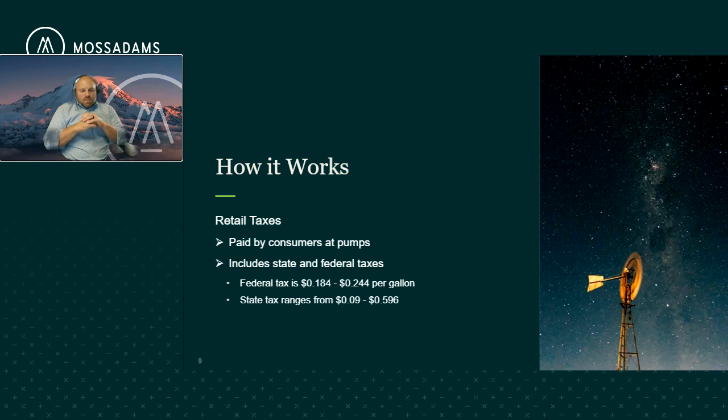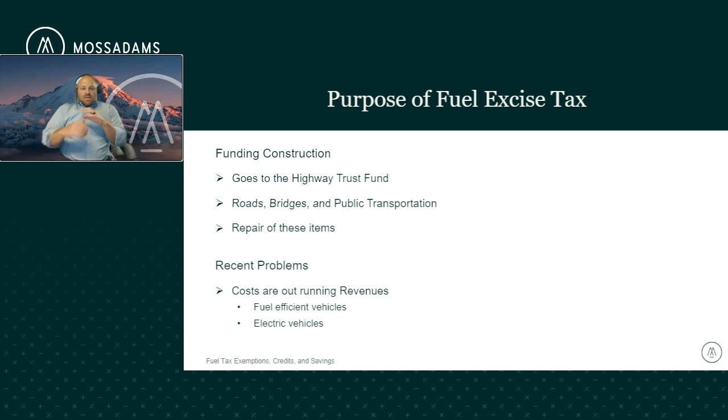And we'll talk about some of the other fees and taxes that get imposed on this at the state level. But what you run into as you're going through that is that this money is used to fund construction of infrastructure, right? So it goes into the Highway Trust Fund. That money then gets distributed out to build roads, bridges, and to fund public transportation, buses, subways, that type of thing in major metropolitan areas.